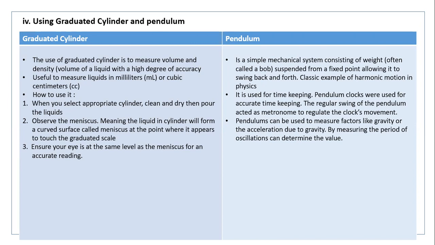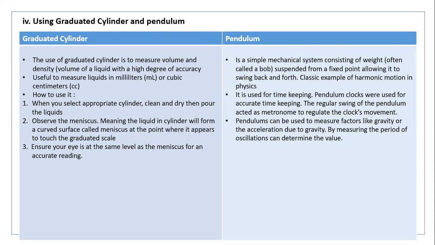Okay, let's look at how we use the graduated cylinder and pendulum. What is a graduated cylinder? It is used to measure the volume of a liquid with a high degree of accuracy, useful to measure liquid in milliliters, small m and capital L, or cubic centimeters. How to use it?